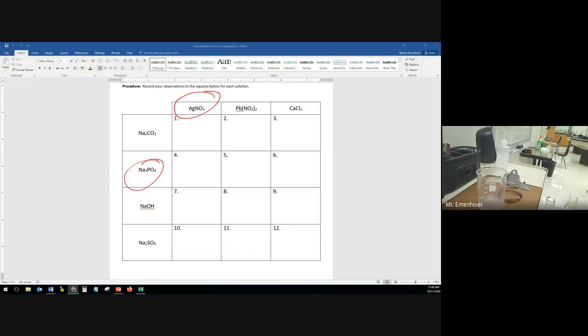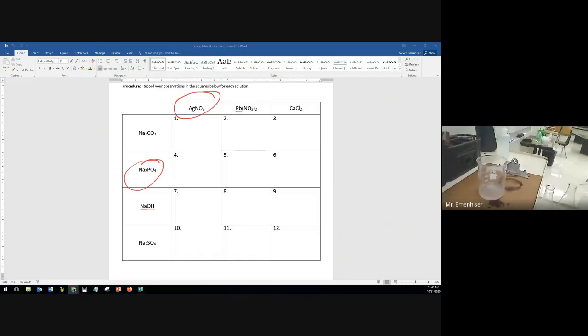So let's add some sodium phosphate to this. I'm not seeing anything. We would expect to see silver phosphate, but silver phosphate is aqueous. But I think I don't see anything.